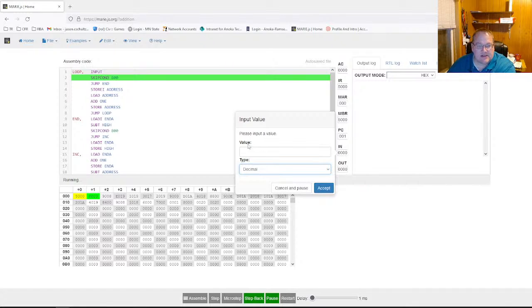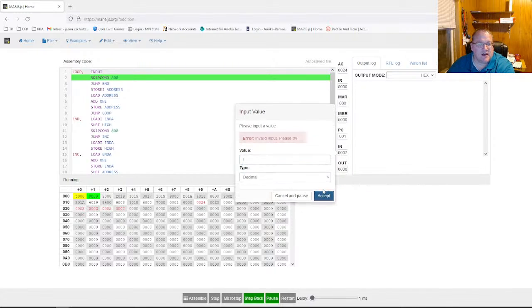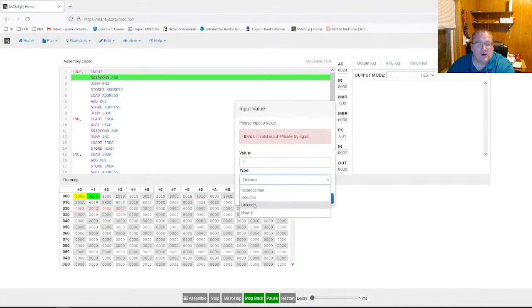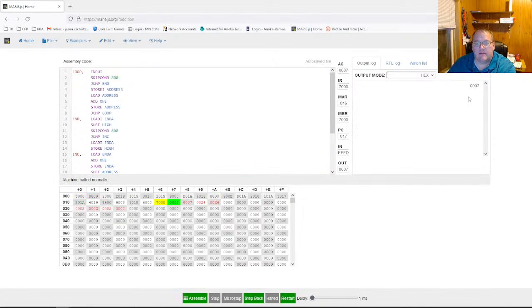So I'm going to make sure it's decimals. 3, 2, 5, 7. And I believe it was this that stopped us. Nope. Oh, Unicode. Oh, no, maybe it's a negative number. That's what it needs. -3. Okay. And then it output 7.